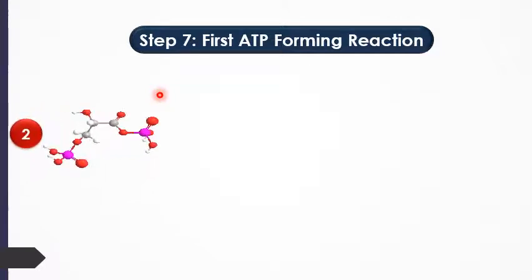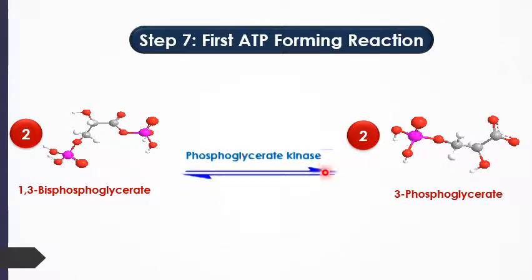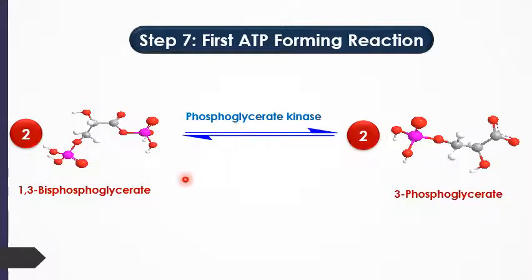In this step, two molecules of 1,3-bisphosphoglycerate compound will convert into two molecules of 3-phosphoglycerate by releasing a phosphate group from the active site of the carboxylate and transferring this group to form the carboxylate compound 3-phosphoglycerate. This happens in the presence of phosphoglycerate kinase as the enzyme catalyst, and this reaction also involves the conversion of 2 ADP into ATP, which is released as energy.